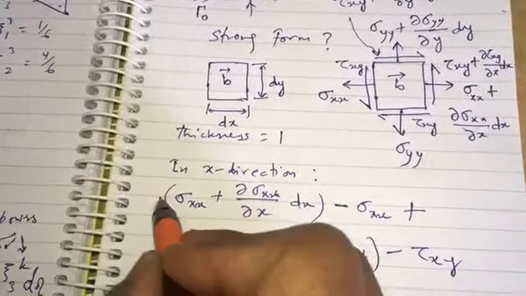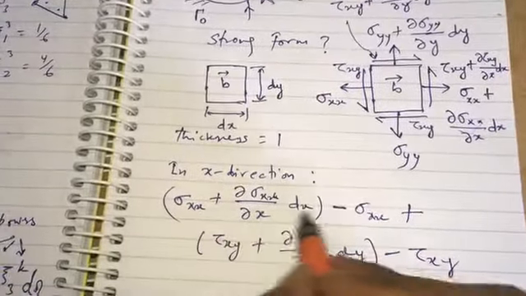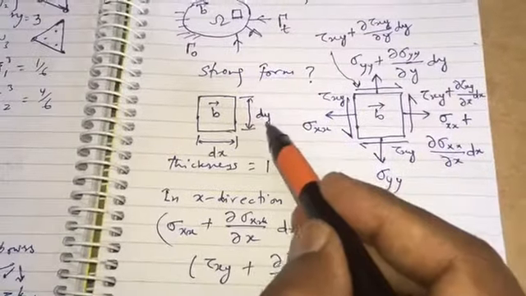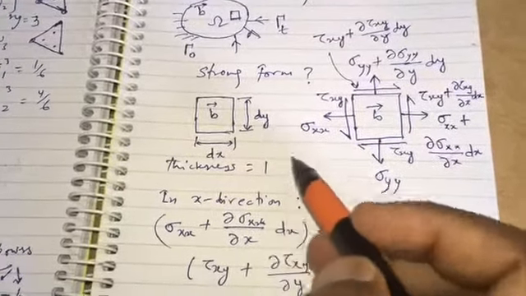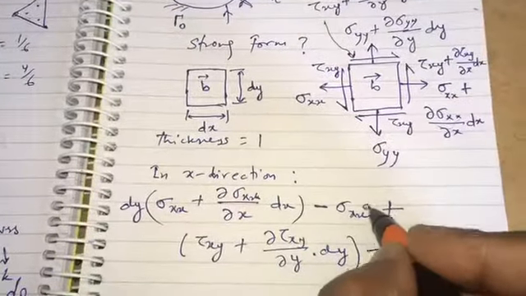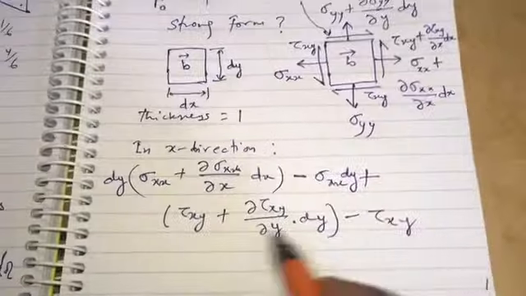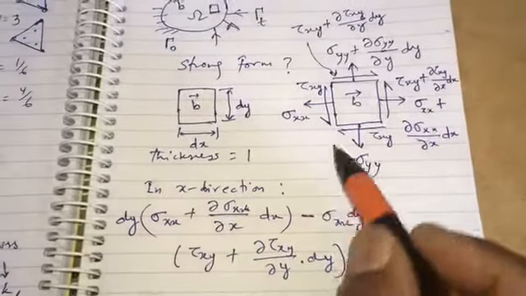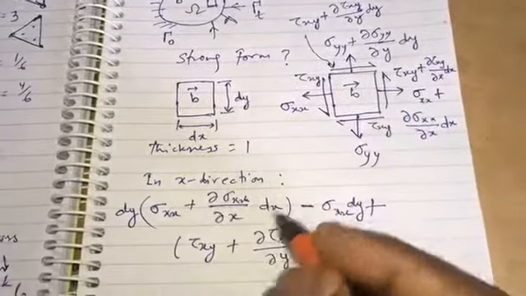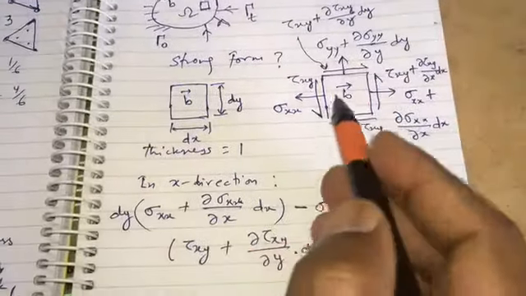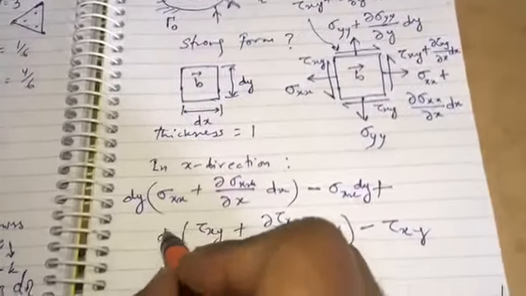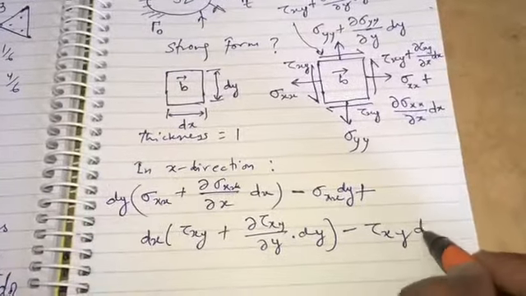The area for these is dy times 1, the thickness, so we write dy here and here also dy. For tau xy, the area is dx, so we write dx here, and this is also dx.